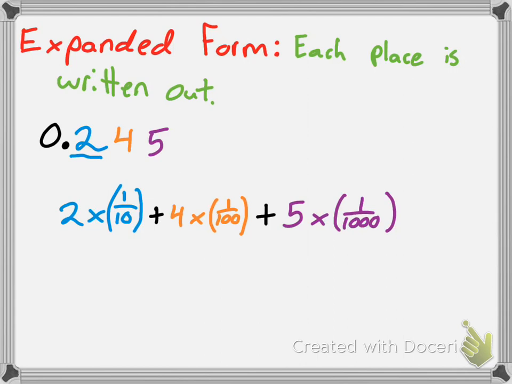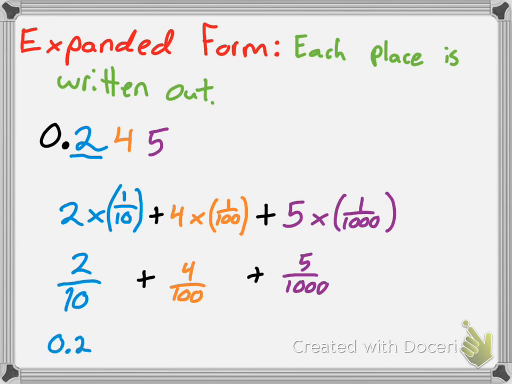The 2 times 1/10 would be 2/10ths, plus 4 times 1/100 is 4/100ths, plus 5 times 1/1000 is 5/1000ths, and you know how to convert these fractions into decimals.